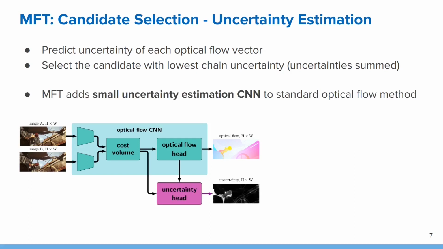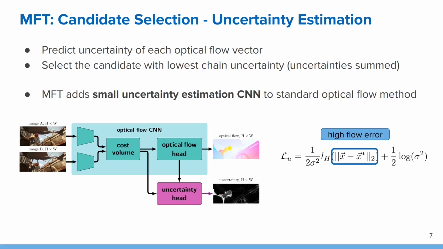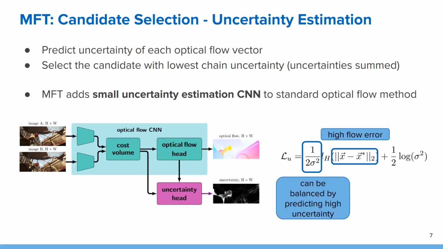In MFT, we extend this with a small uncertainty estimation CNN head, which outputs an uncertainty score for each optical flow vector. We train the uncertainty head on optical flow datasets using a pretty standard uncertainty loss. During training, the network can balance a high error of the optical flow by predicting a high uncertainty score sigma. To avoid zeroing out the loss by predicting high sigma everywhere, the loss function contains a regularization term.